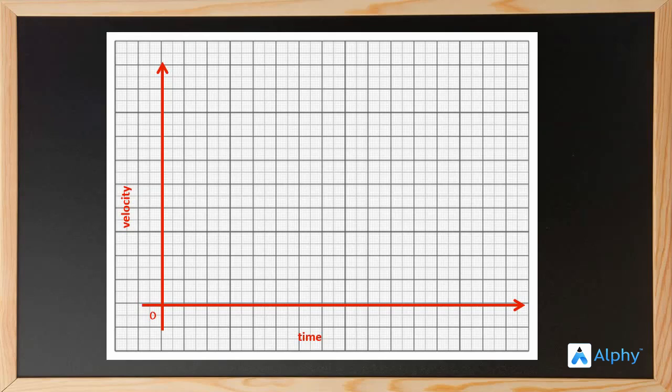Let's assume that a graph is plotted for an object in uniform motion. That means the increase is directly proportionate to each other, correct? It will be a straight line.